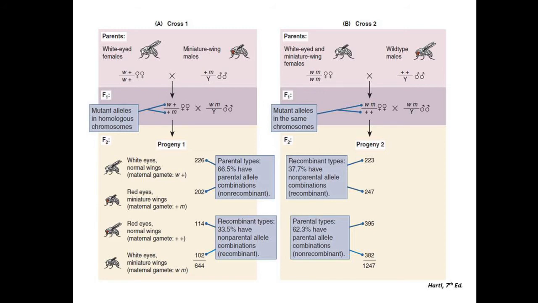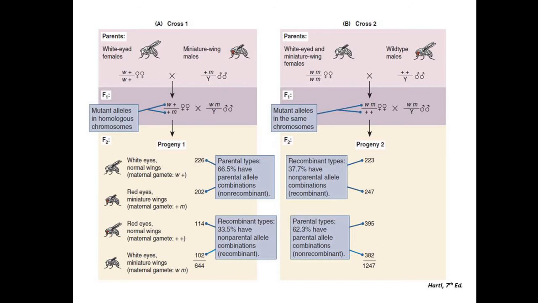Let's suppose this is the configuration, because both alleles from the female are the same, w plus, and they are crossed with a mutant type male, w and m. The wild type allele is not present in this male. So these are the F1 progeny from the two parental types.